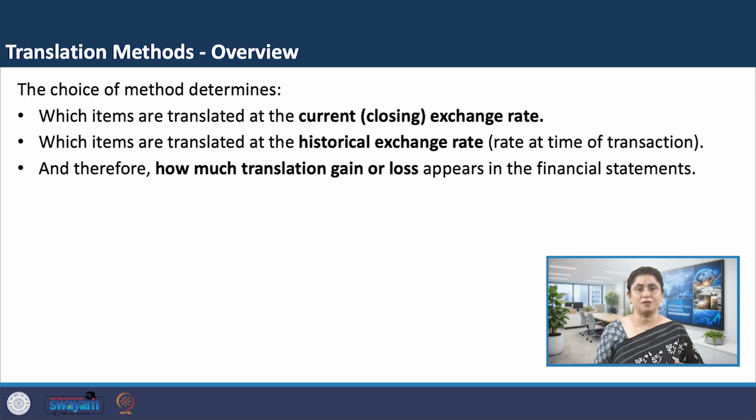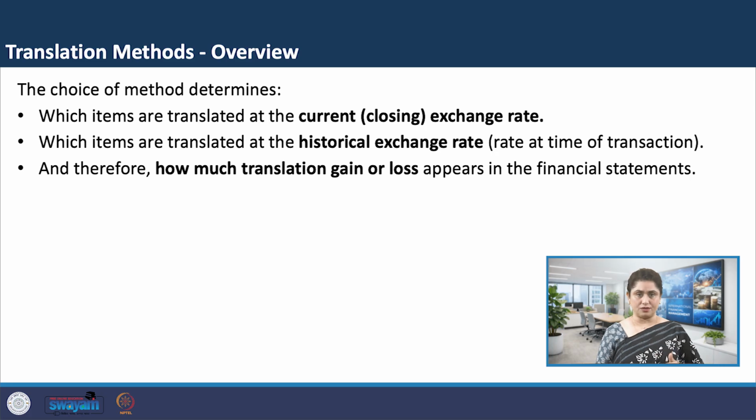The choice of the method is not just a technical detail. It has very real implications for how a company's financial position is reported. Different methods determine which items are translated at the current or closing exchange rate and which using the historical exchange rate.